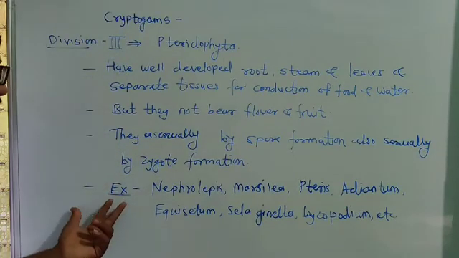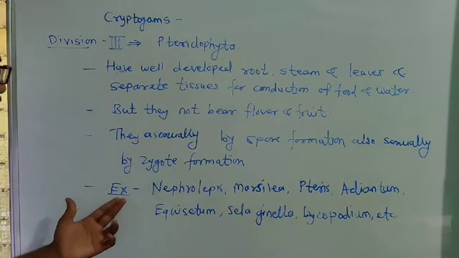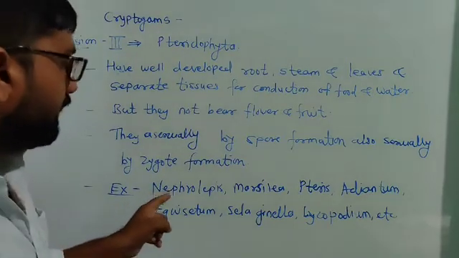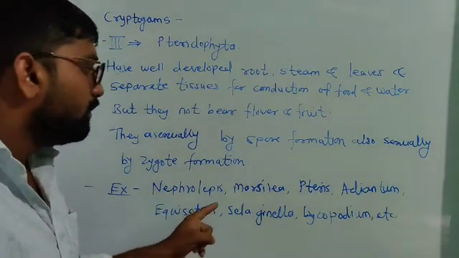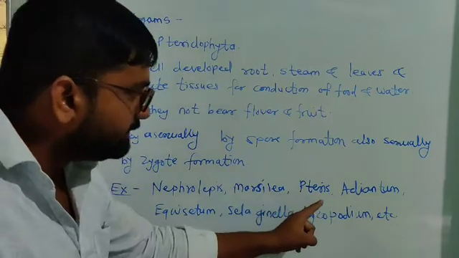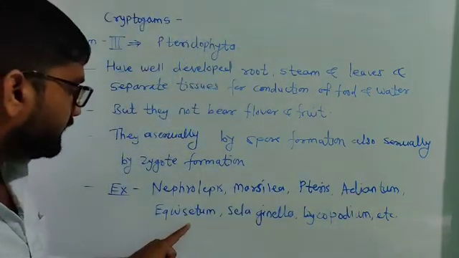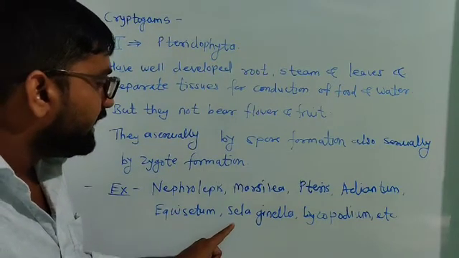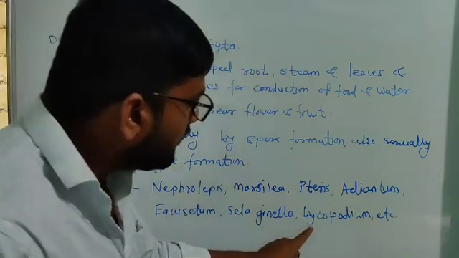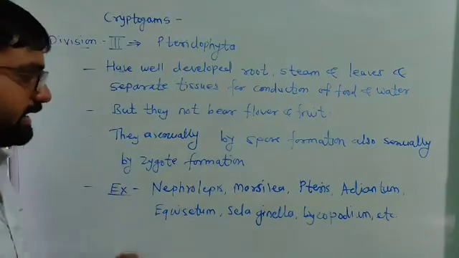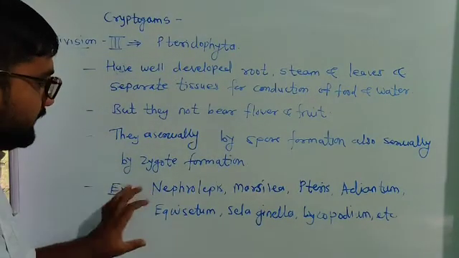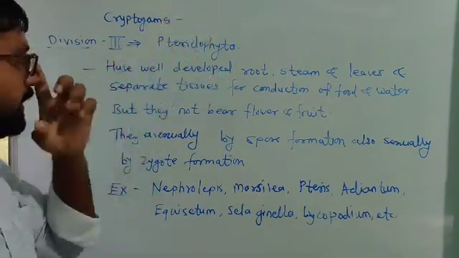Then some examples of this division are Nephrolepis, Marsilea, Pteris, Adiantum, Equisetum, then Selaginella and Lycopodium. These are the examples of this division Pteridophyta.